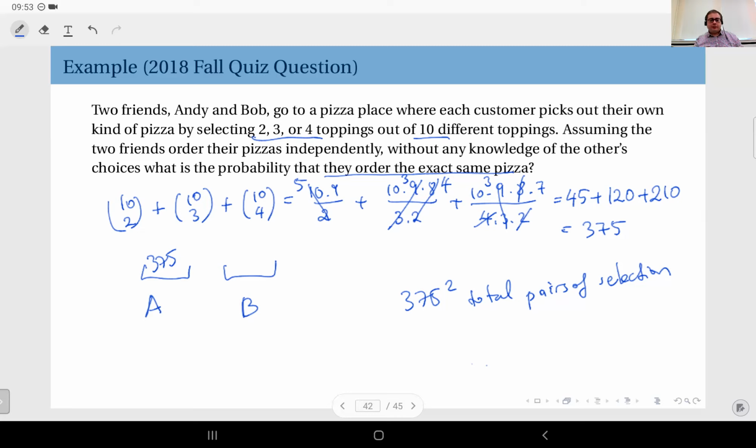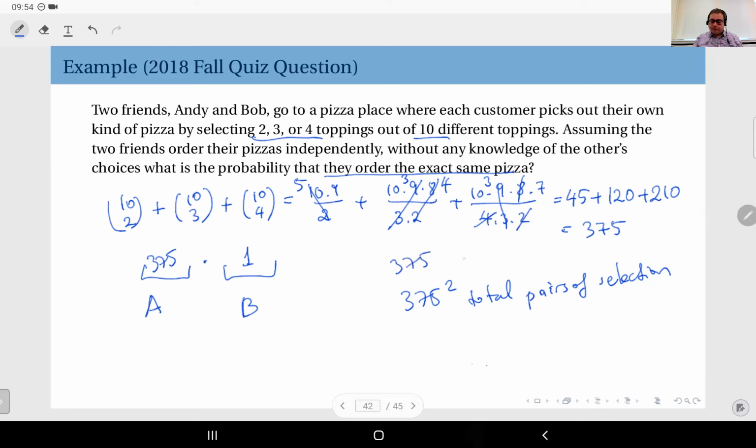But when he makes his selection, the number of choices that Bob can make is reduced to just that one. You'll have just one single option, because otherwise they could be different. When Andy makes a selection, Bob can choose only the one that Andy selected in order for them to have the same pizza. So multiplying them, you get 375.